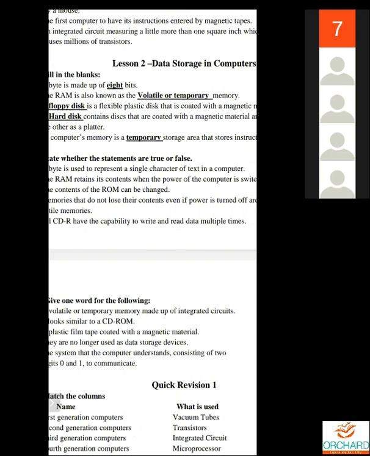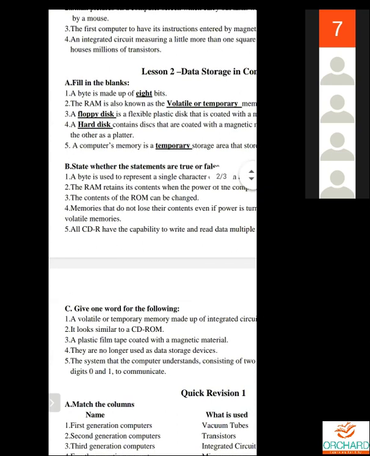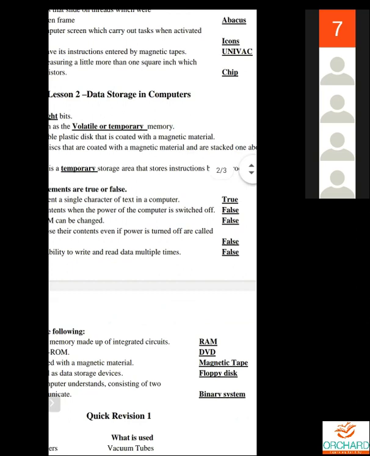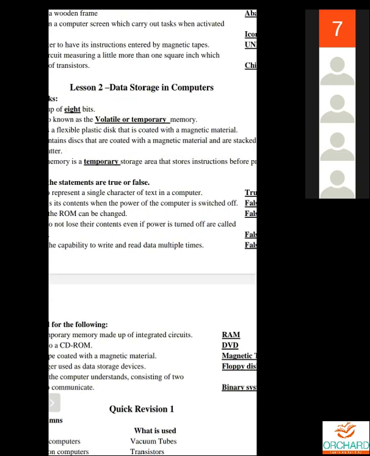The contents of the ROM can be changed. False. Fourth one, the memories that do not lose their content even if the power is turned off are called volatile memory. So this statement is also false because when the power is turned off, the RAM will lose its data, right?